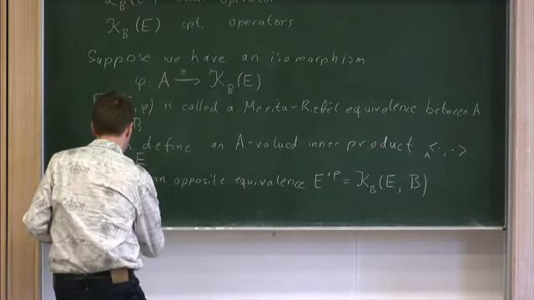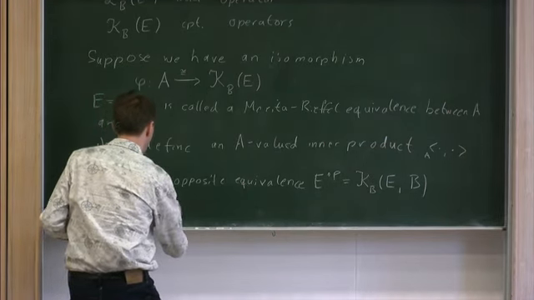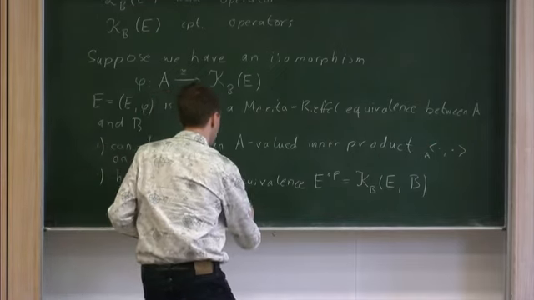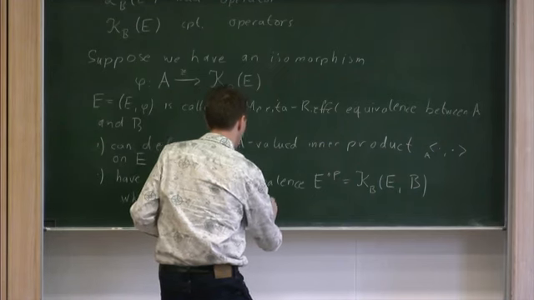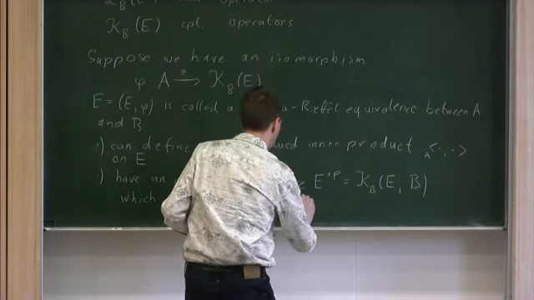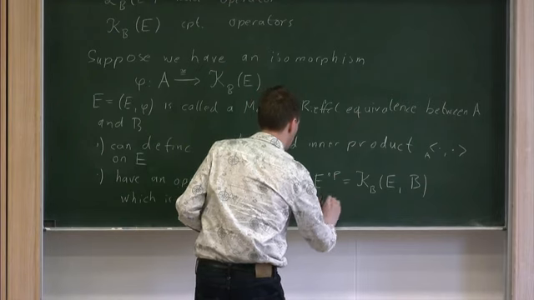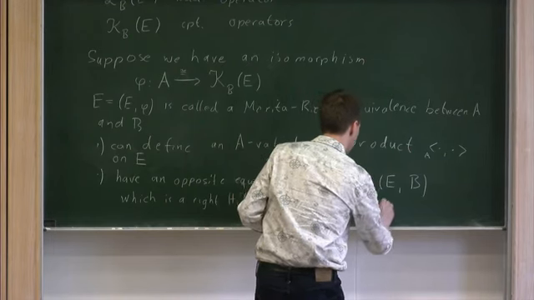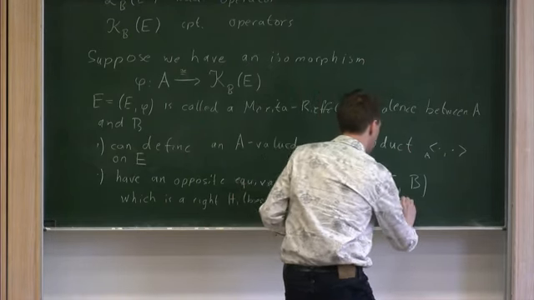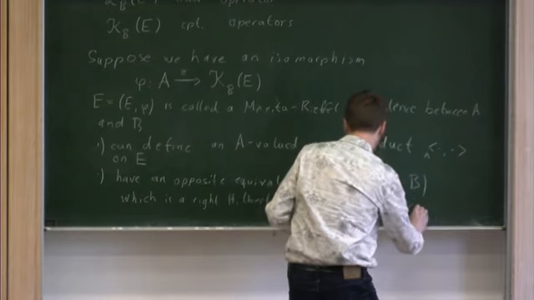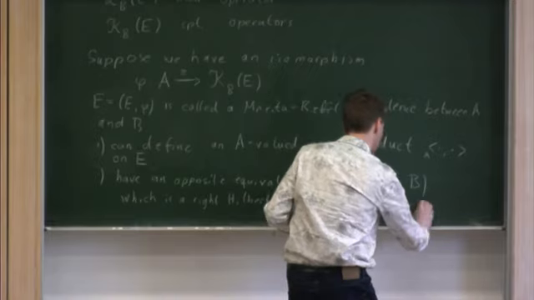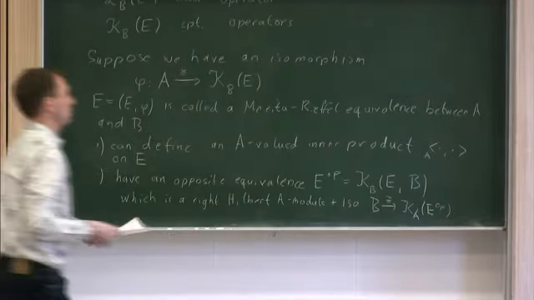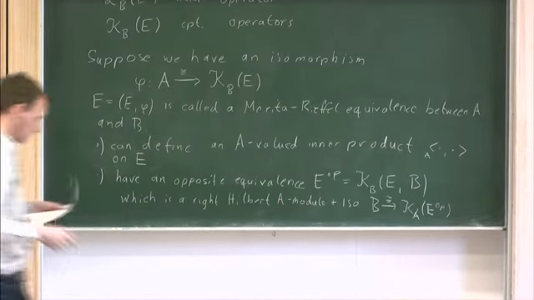And this is a right Hilbert A module, and it comes with an isomorphism from B to the compact operators on E up, which makes everything very symmetric.